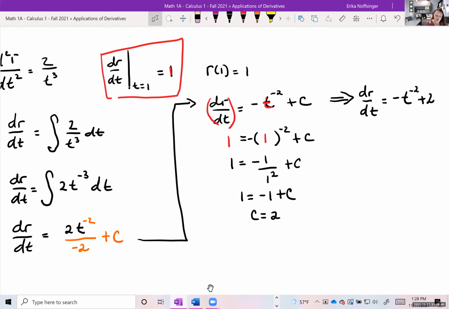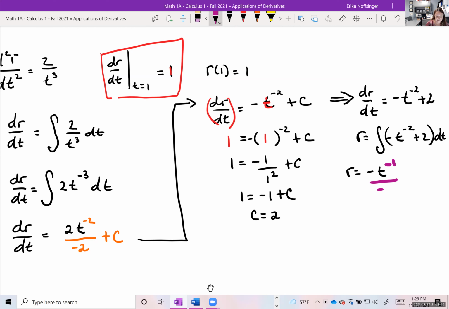So if we take the integral of both sides, we can get what r is. So r is equal to the integral of negative t to the negative 2 power plus 2 dt. So add 1 to our exponent: adding 1 to negative 2 gives us negative 1.